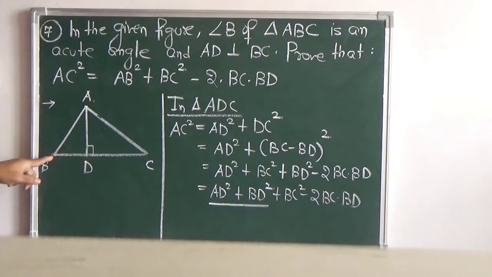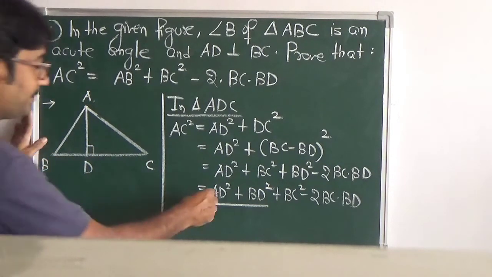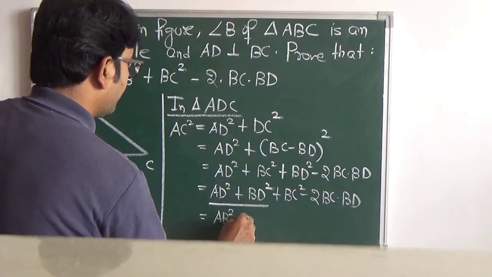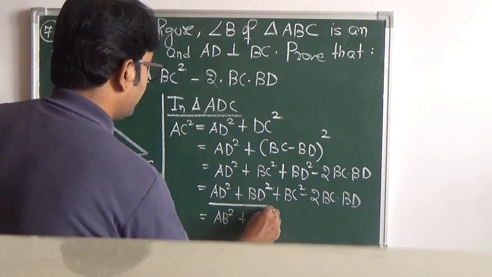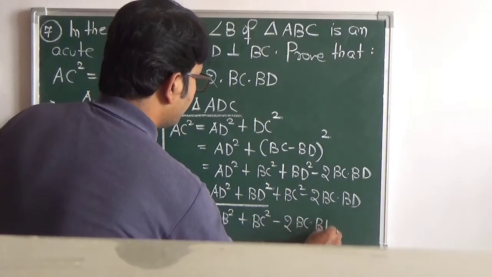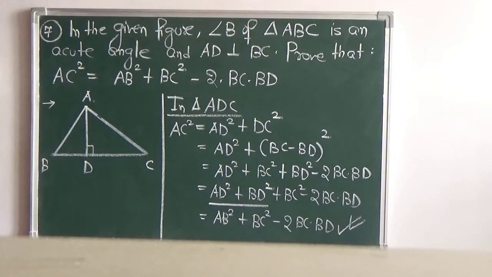From the right angle triangle ADB, AD square plus BD square is AB square. So in place of this we can write AB square plus BC square minus twice of BC dot BD, and thereby we obtain the relation on the right hand side.